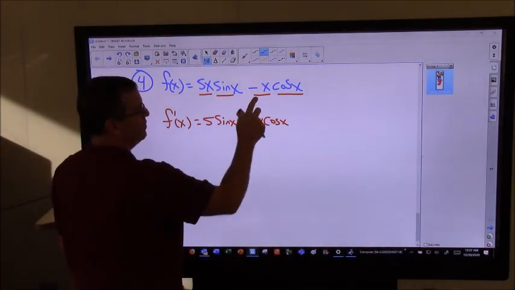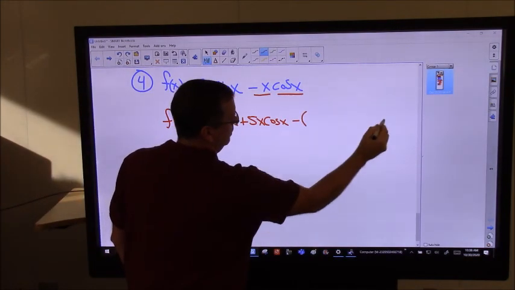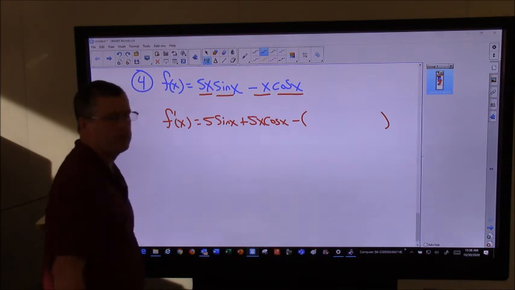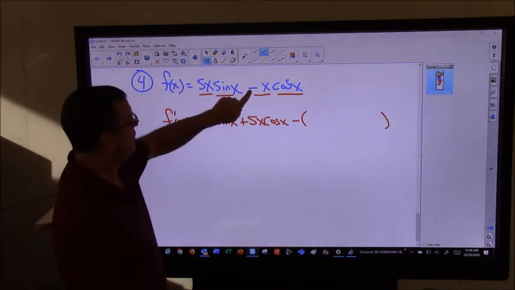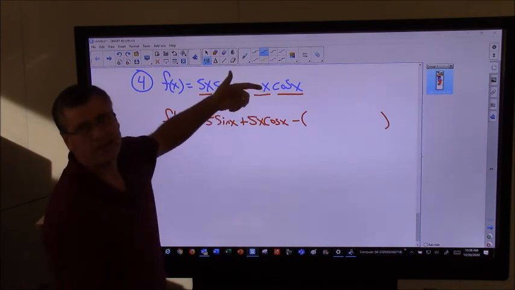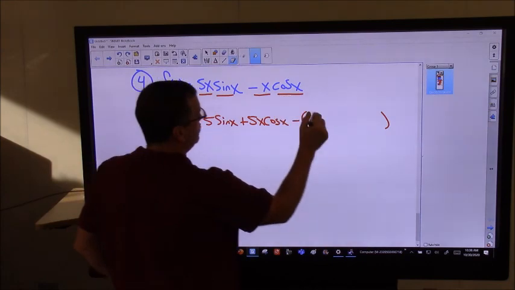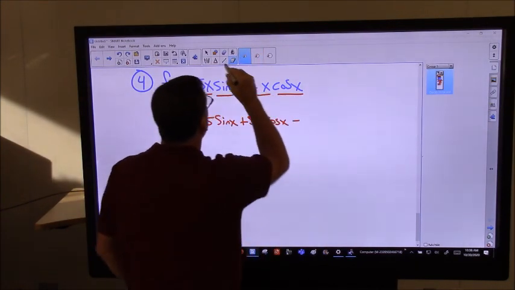Now, when I do this, there's two ways to do it. One is, you could put a negative sign down and then find the derivative of x times cosine x. Or you could just think of that negative as part of the x term. I like to do it that way because then it's fewer sets of parentheses here. I can get through the problem a little bit quicker.